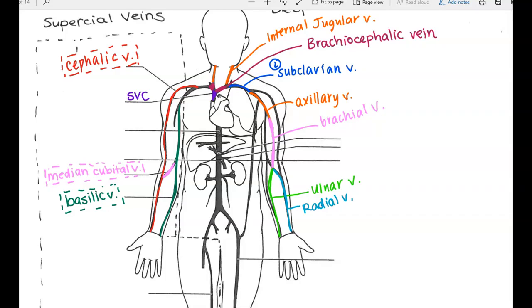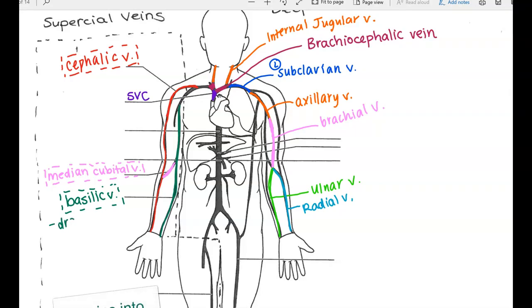Okay, and last thing I'm going to mention about these superficial veins in the upper limb is that your basilic vein is going to drain into the brachial vein. So I'm just going to add those notes in here in case you missed that while we were discussing that.